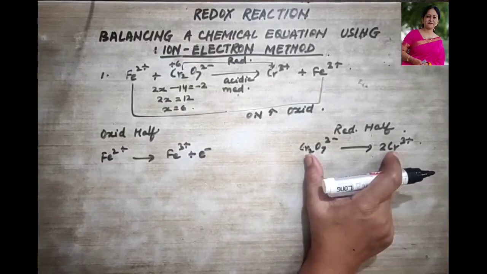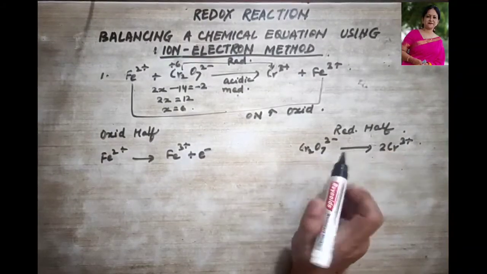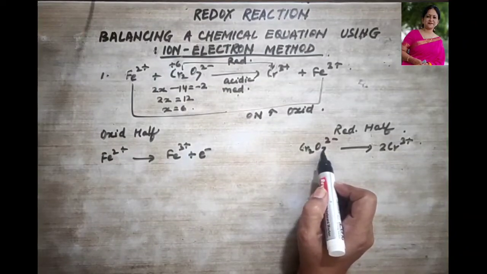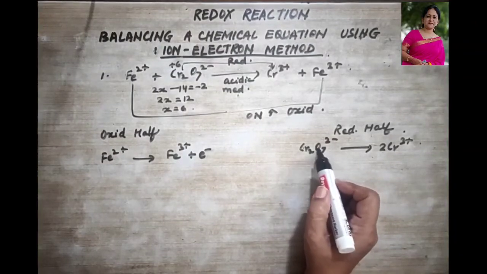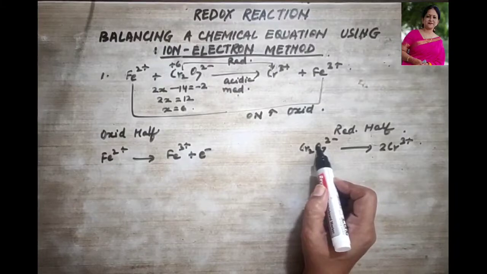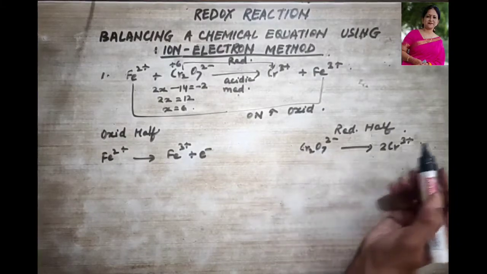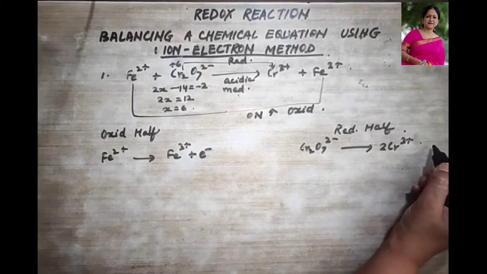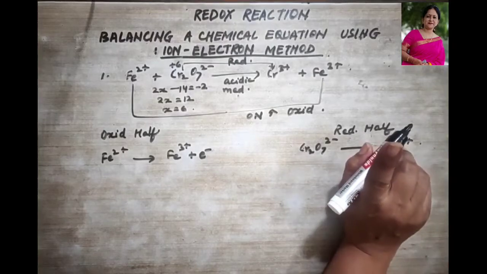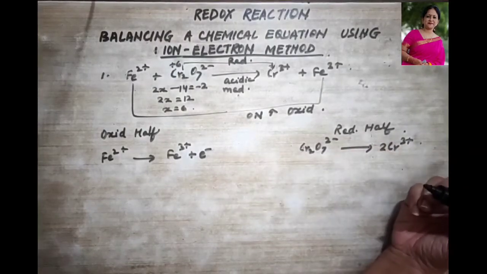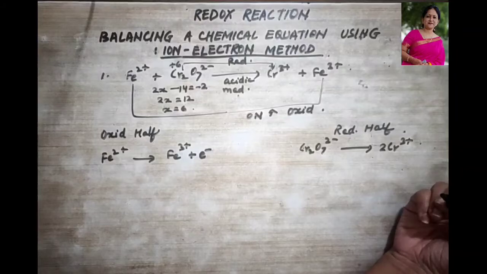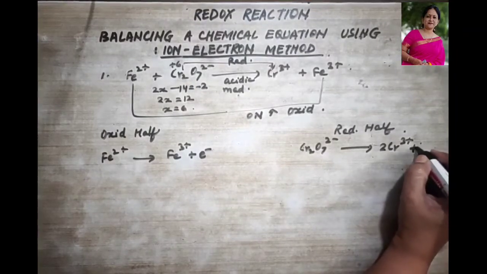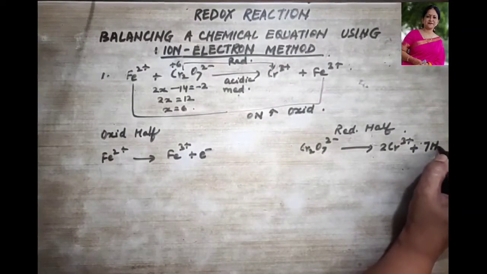After balancing the other atom, now we have to focus on oxygen. How many oxygen are over here? 7. So what should I do to get 7 oxygen over here? As told to you in the rules, we have to add water to increase the oxygen. So here we are going to say 7 H2O.